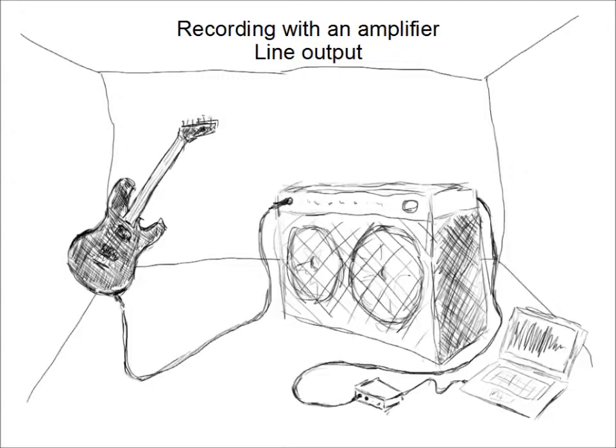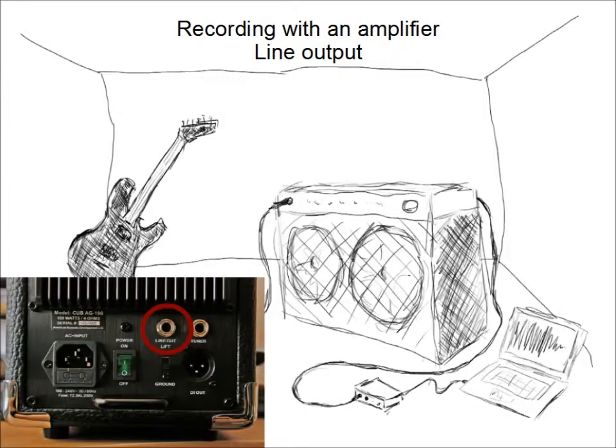Maybe we just don't have a microphone, maybe our room still leaves much to be desired, or we just do not want to wake up our granny. To that end, we can use the amplifier line output if we have one. This output generates the line level signal, which we can route through our digital audio interface line input.